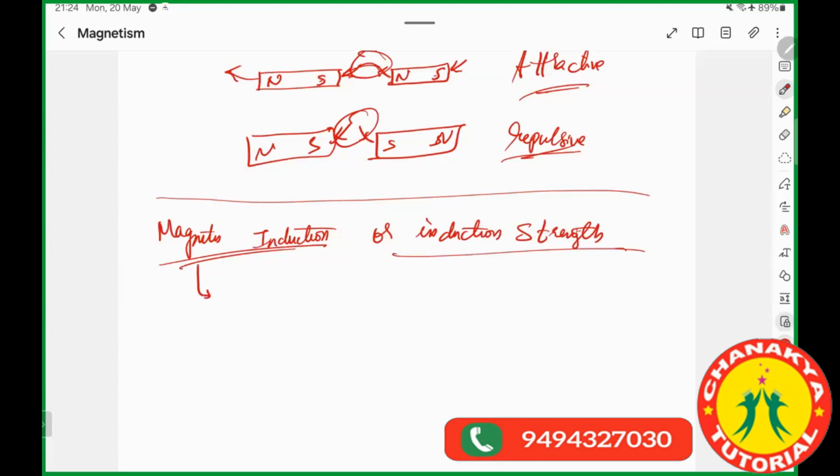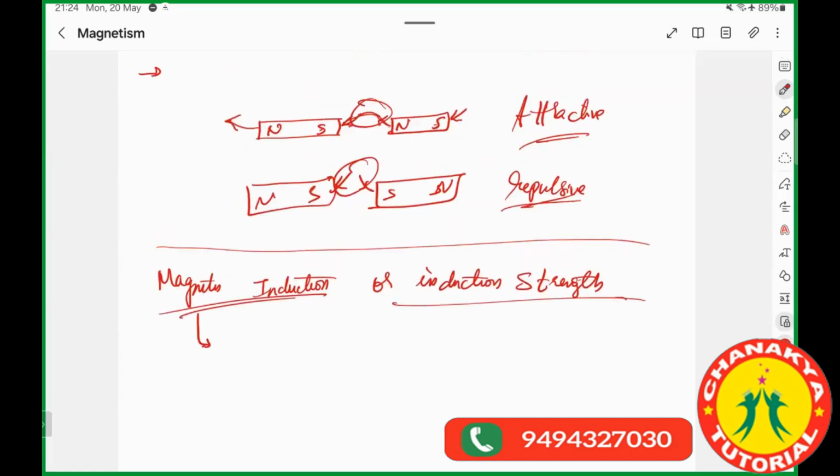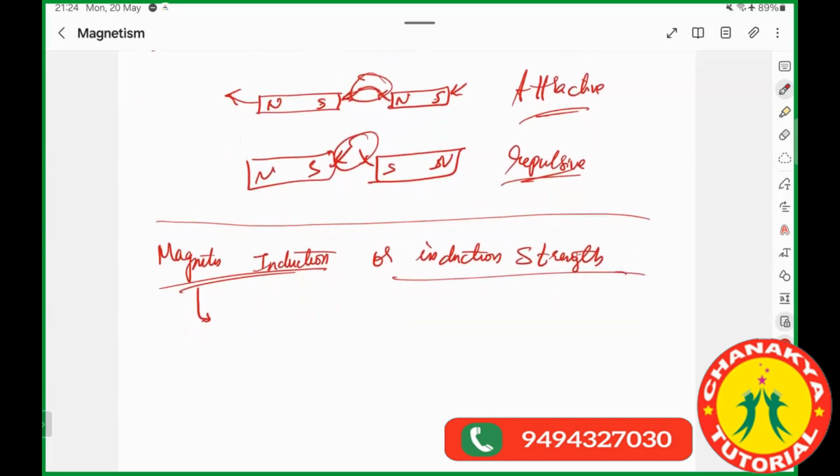So when we talk about magnetic induction, this is all about just the magnetic field strength at a point. We are talking about a point, and whatever force is experienced there by either the north pole or the south pole.